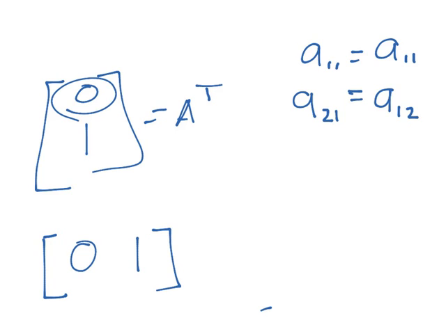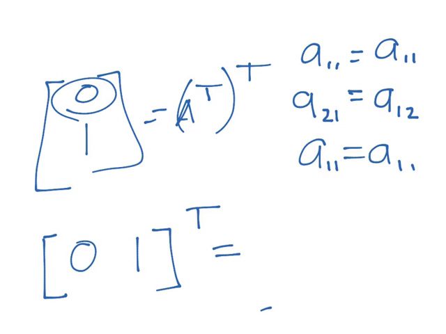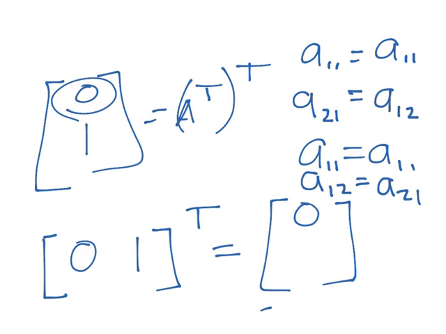So now if we take the transpose of this, so we're basically getting the transpose again. Now we have something in A11, and this is still in A11. So the 0 is still in the same place. But whatever is now in A12, it's going to be in A21 in this next transpose.